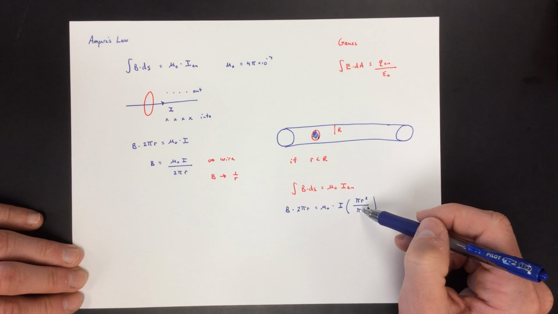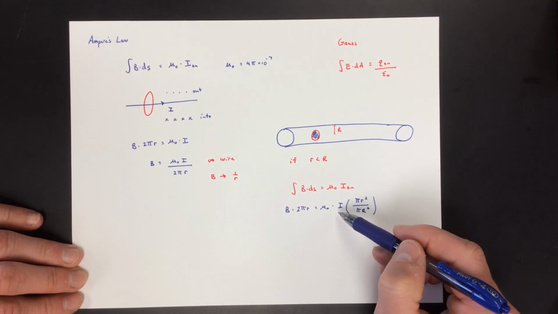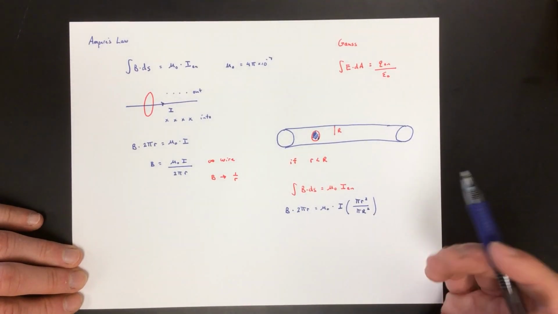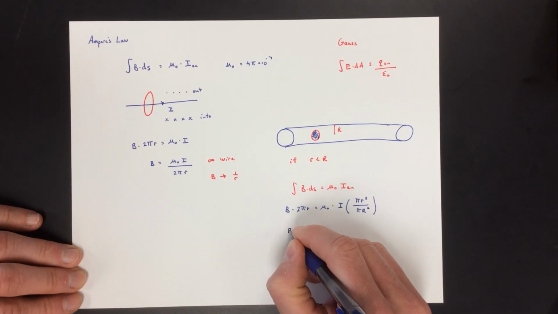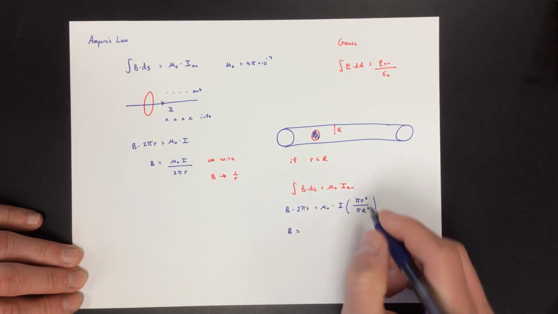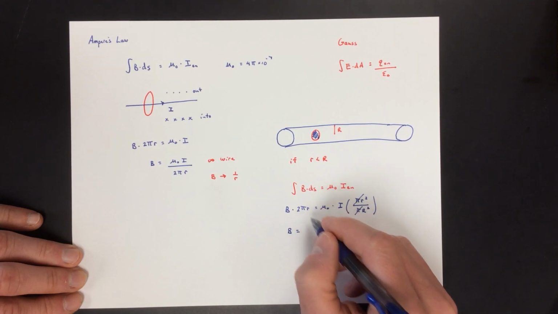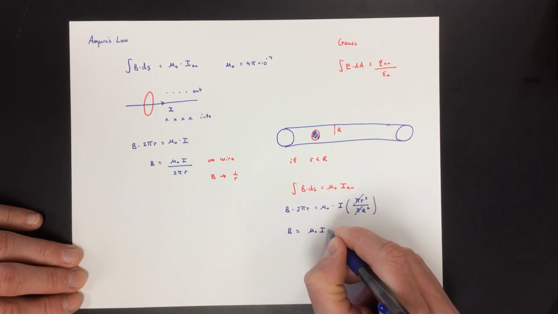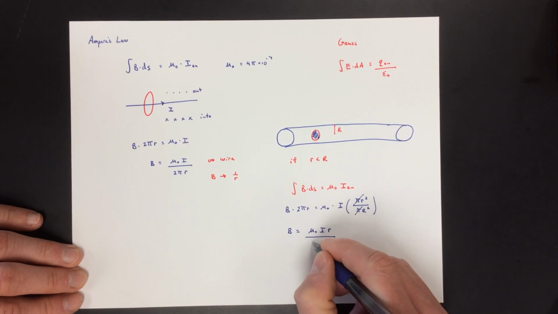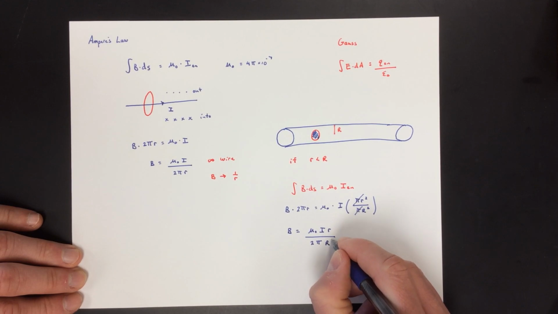If this is half the area, then you're going to get half the current going through that Amperean loop. When you multiply all this out, the pi's cancel. You get an r squared and an r, so you're left with mu naught I r all over 2 pi R squared.